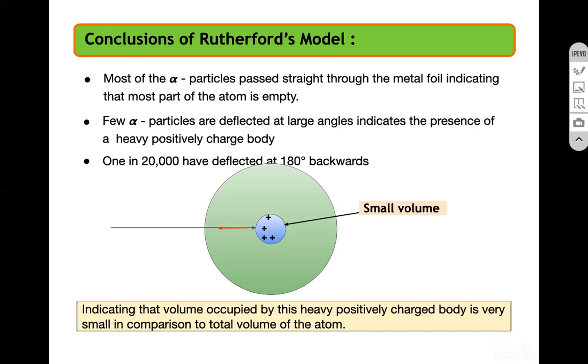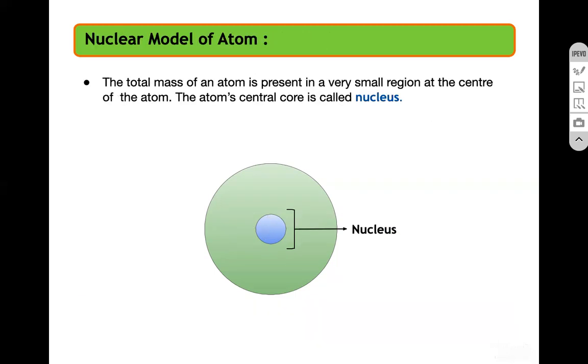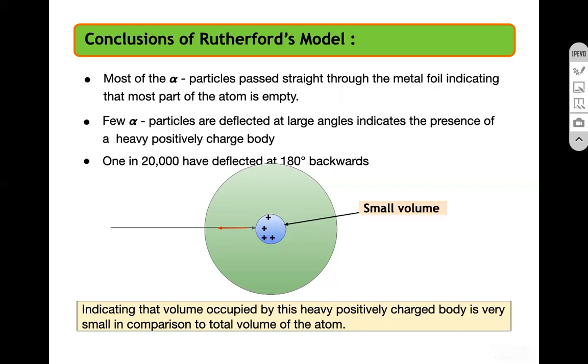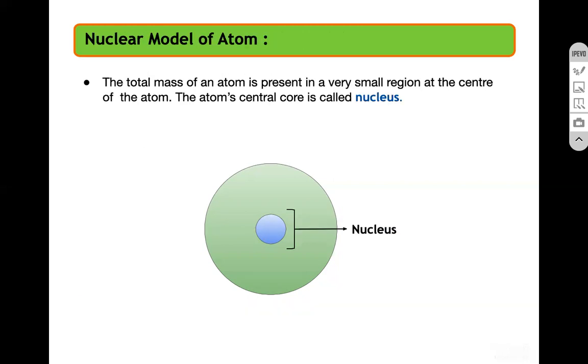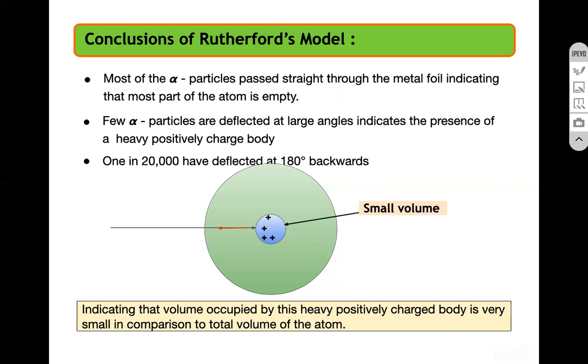Okay, guys. Should I tell? So now only 1 out of 20,000 are deflected by 180 degrees. Any doubt in this? Okay, fine. The next is, indicating that the volume occupied by this heavy positively charged body is very small in comparison to the total volume of the atom.